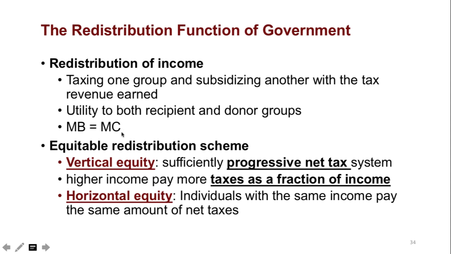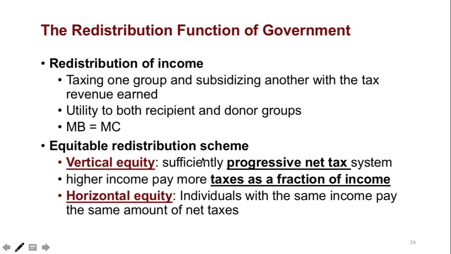Remember that we have diminishing marginal utility. By donating their money and recipients receiving it, we can maximize society's total marginal benefit and marginal cost through these redistributions, because of the diminishing marginal utility of income.